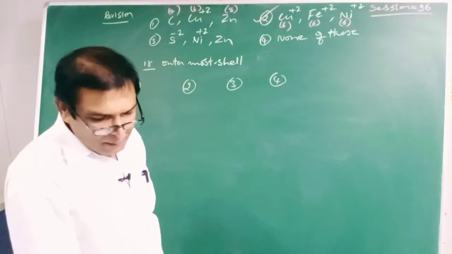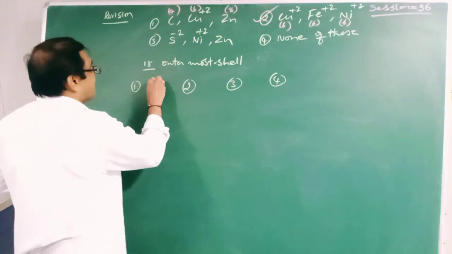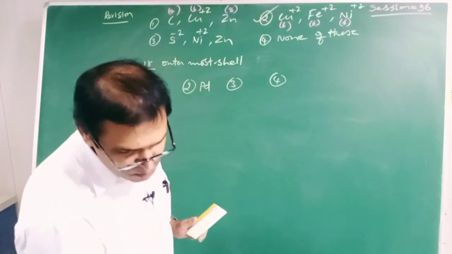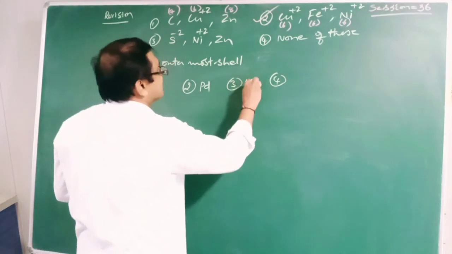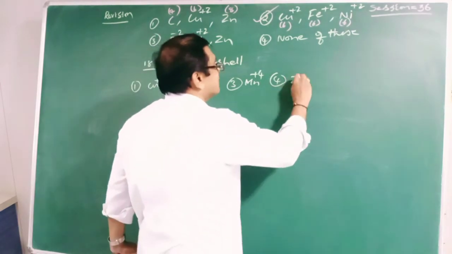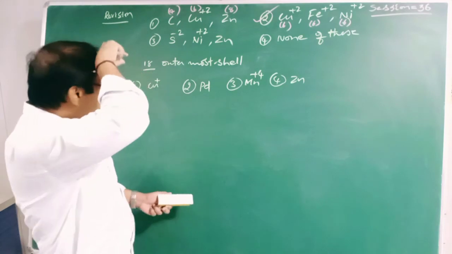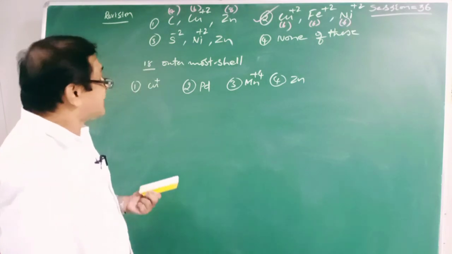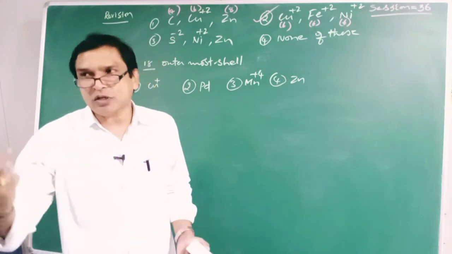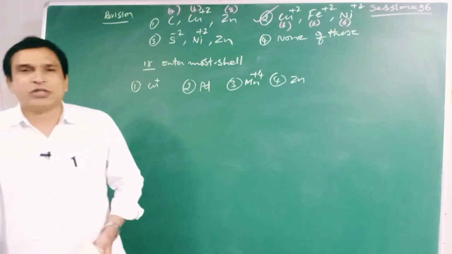Options are copper plus 1, palladium, manganese plus 4, Mn plus 4, and zinc atom, Zn. These are the 4 options given. So what is the question? The atom that contains 18 electrons in the outermost shell.